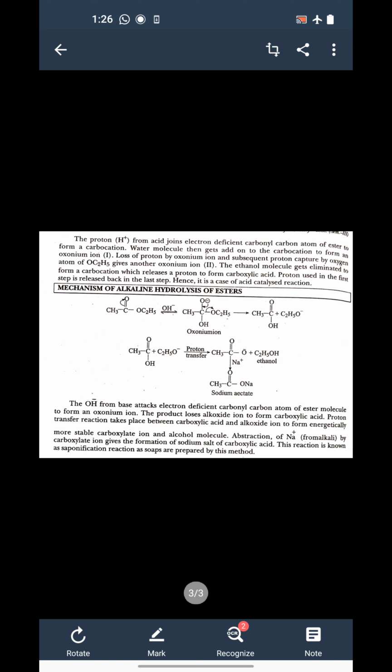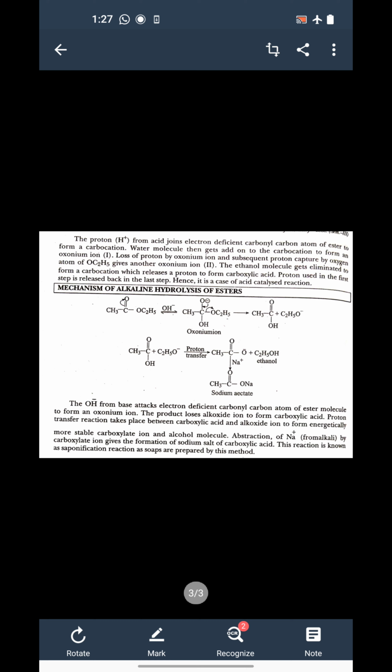Now in the next step, we are taking that acid, and whatever was released reacts with this. Here C2H5O minus is an alkoxide, and it acts as a base, and it takes the H plus proton from the acid, and we get oxygen carrying negative charge, and ethanol gets released here.